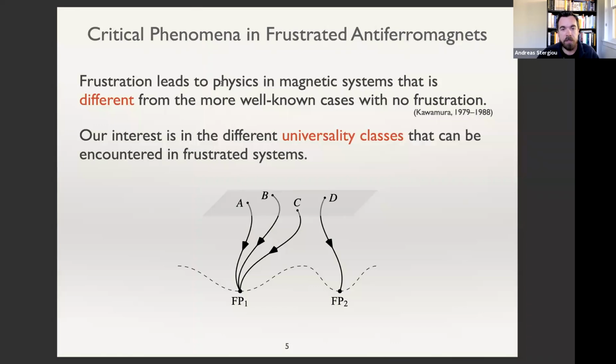So our interest here will be specifically in the potentially different universality classes that can be encountered in frustrated systems. The idea is that many systems start at a different point. However, under renormalization group flow, they all end up at the same fixed point in the infrared. However, there can be, in such systems, distinct universality classes that may be attracted to a different fixed point that we would like to study.